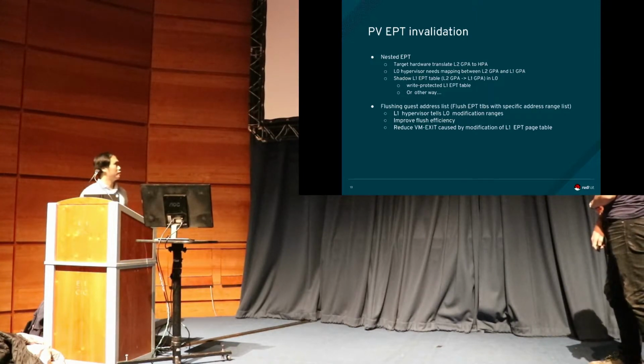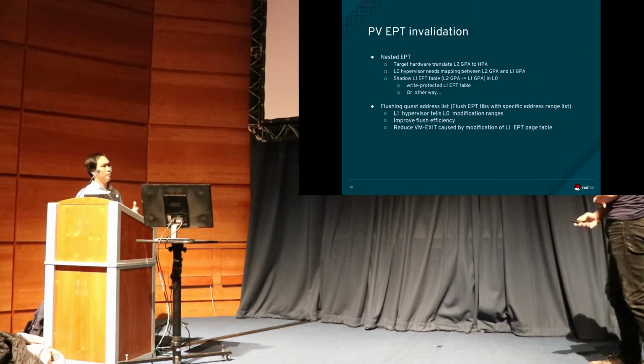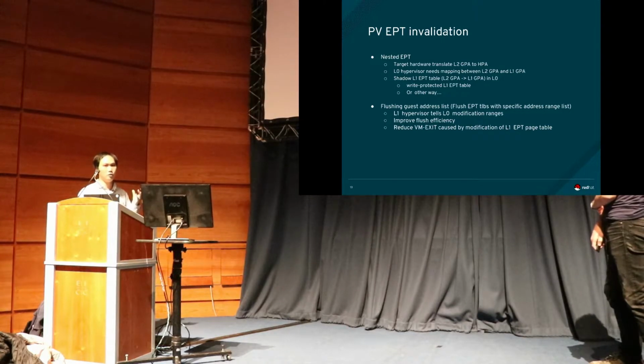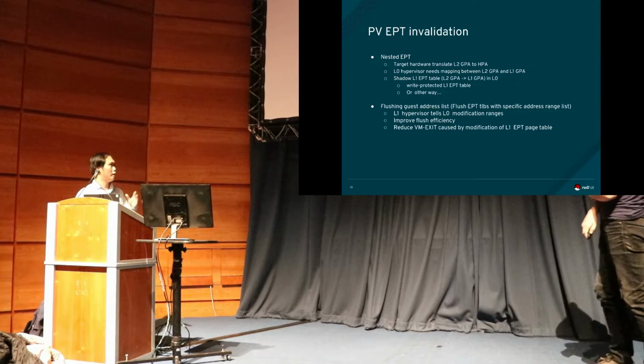So for such a case, Hyper-V provides the second flush hypercall, which we call the flush guest address list hypercall. The hypercall can accept the EPT page table and a specific address range list. That means the L1 hypervisor can use the hypercall to tell what has changed in the EPT page table in L1.